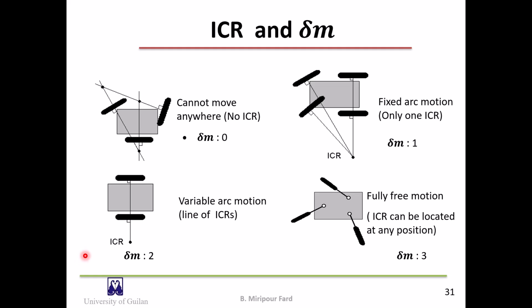As you know, depending on the velocity of the left and right wheels, the ICR of this robot may be located at any point on the line, and in this case, if you can put the ICR at any position, the degree of mobility is 3.